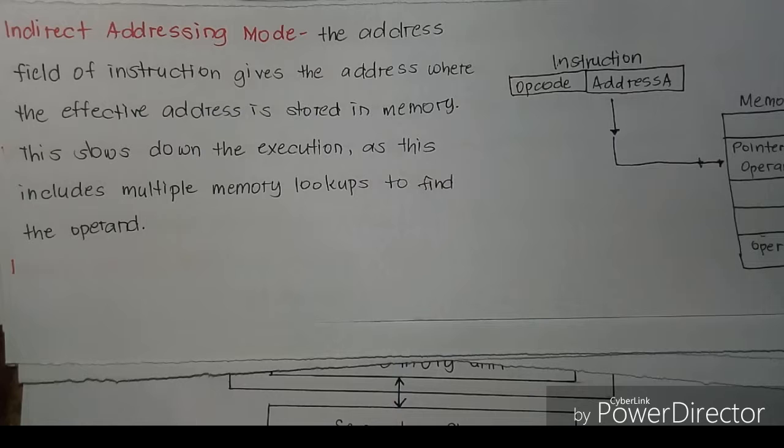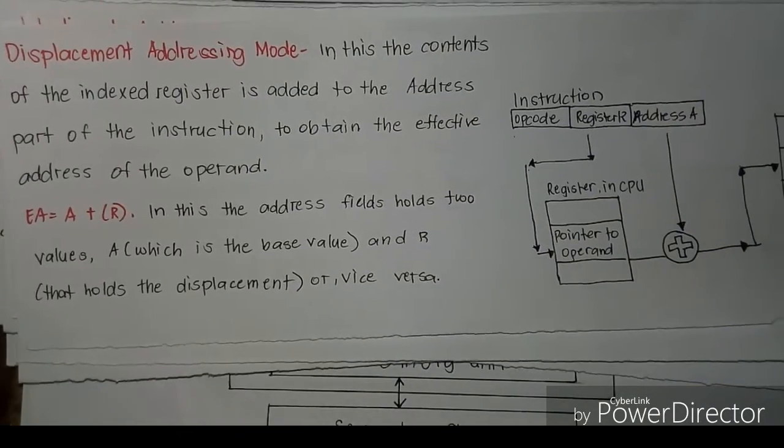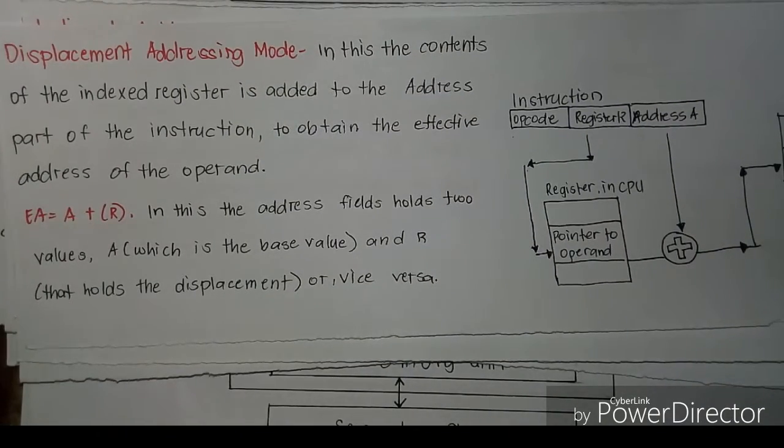Next, indirect addressing mode. The address field of the instruction gives the address where the effective address is stored in memory. This slows down the execution, as this includes multiple memory lookups to find the operand. Next is displacement addressing mode.